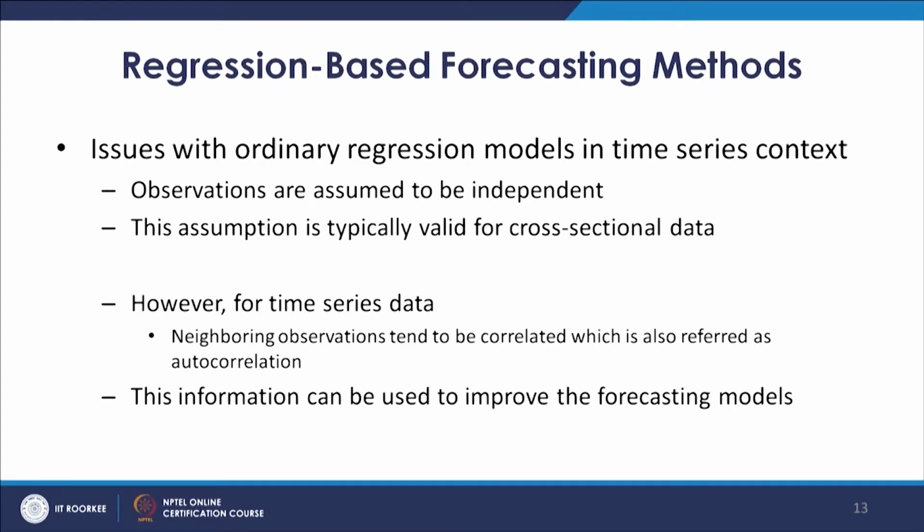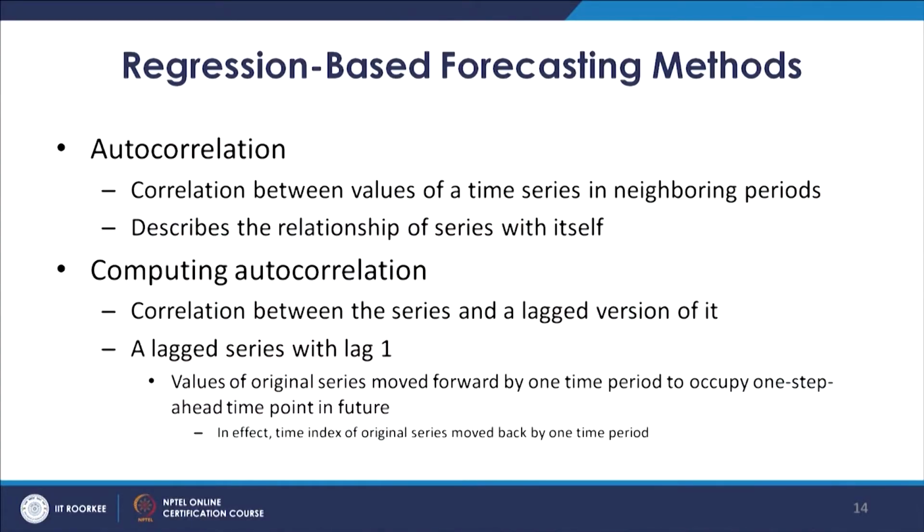As we talked about issues with ordinary regression models, this particular aspect is not accounted for. As you can see in the last point in the slide, this information can be used to improve the forecasting models.